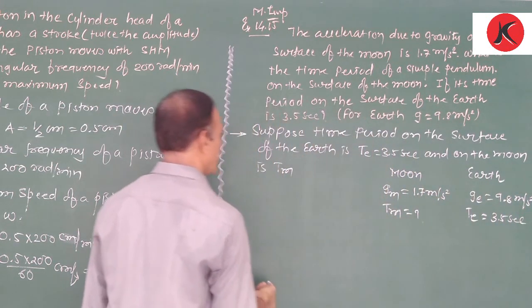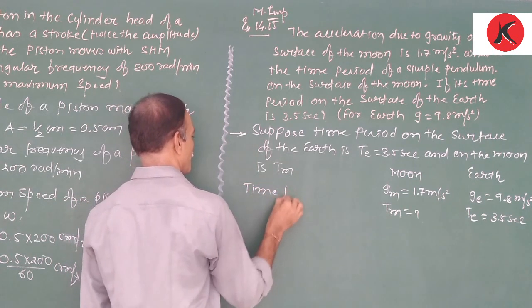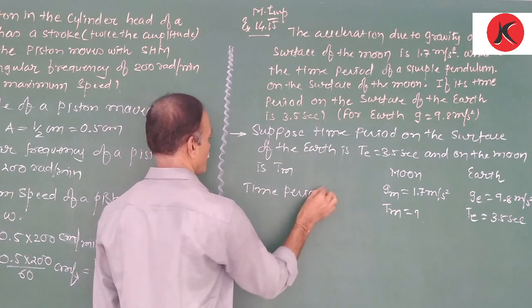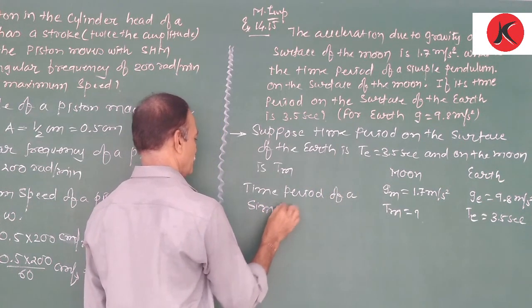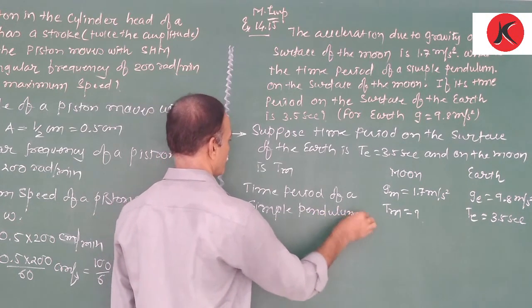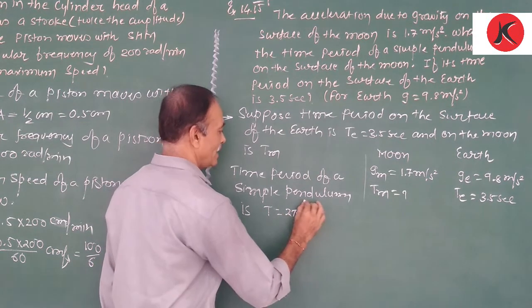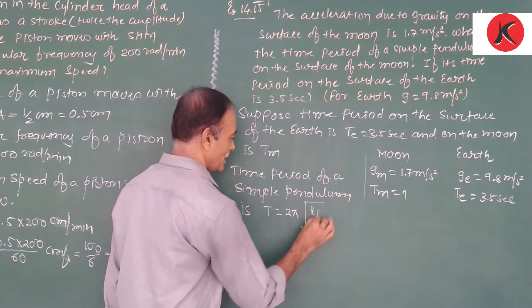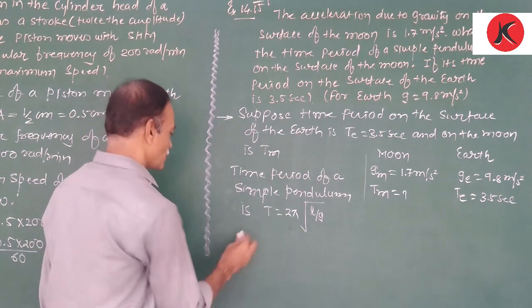Now, the time period of a simple pendulum is T is equal to 2 pi under root of L upon G. But here the length of the pendulum is constant.